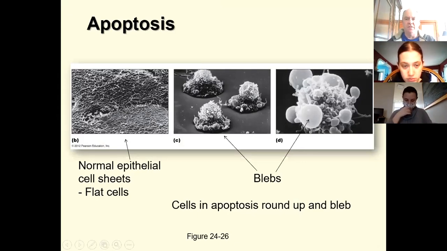What do you think is causing that? Someone shout it out. Why is the cell changing shape? Apoptosis. Well, yeah. But what's happening in apoptosis that's causing the cell shape change? What holds cell shape? Cytoskeleton.